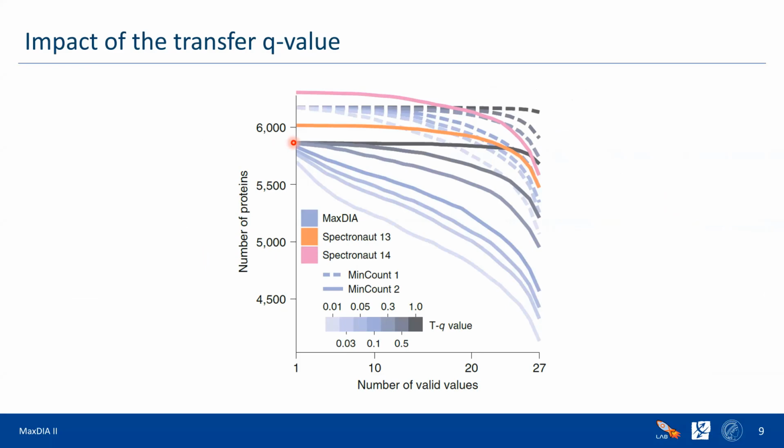So we see this in a measurement of 27 replicates of the same cell line. When using transfer Q-value 1, we see a really flat line. But reducing transfer Q-value up to 0.01, it really shows that we're getting more and more missing values. So now this graph is more or less clear.